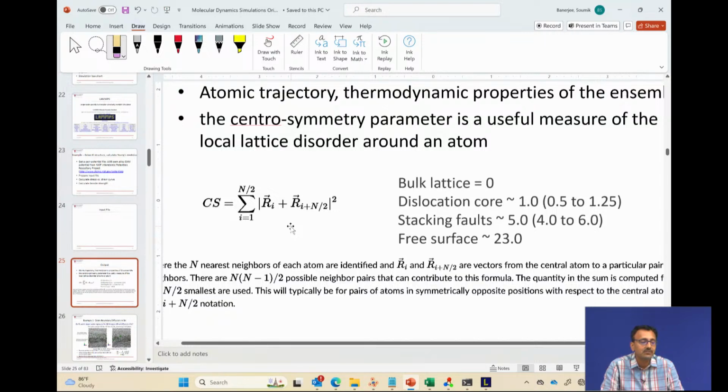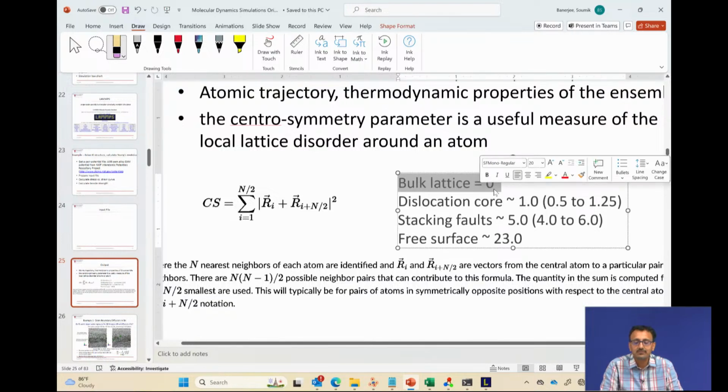Basically, at the start of a dislocation, you keep track of the neighboring distances of other atoms in the lattice through this centrosymmetry parameter, and it's calculated in a way that for a bulk lattice it should be 0, but as soon as you detect a non-zero number for this parameter, you can identify the formation of a dislocation or stacking faults, or an atom at a free surface.